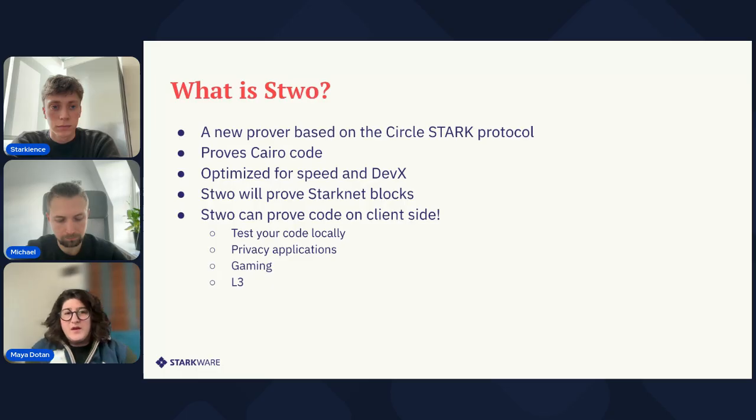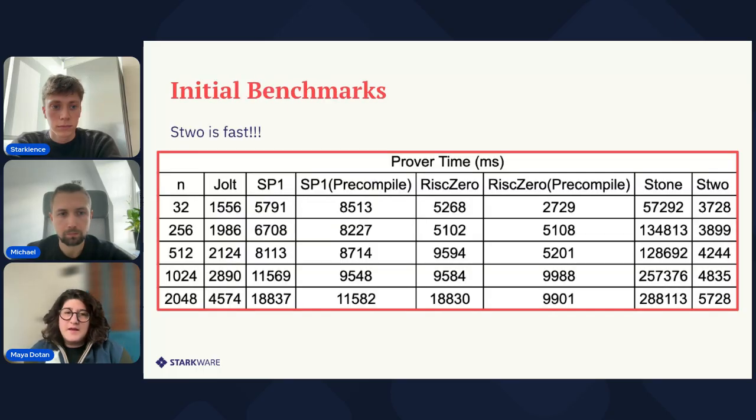STWO will be the main prover used to prove Starknet blocks starting in a couple of months. And it has a very significant performance improvement over Stone, which is our previous prover. From this very small example, we can see that it has state-of-the-art performance.